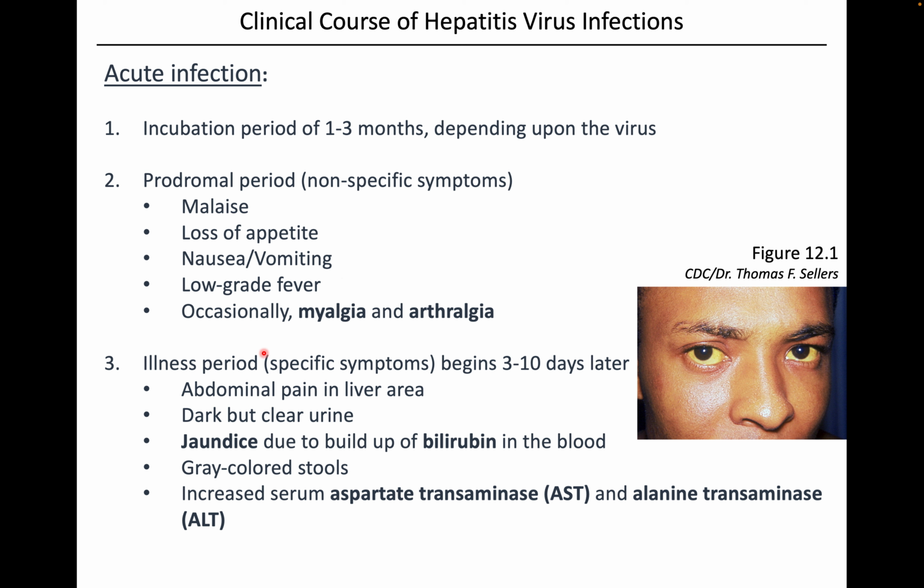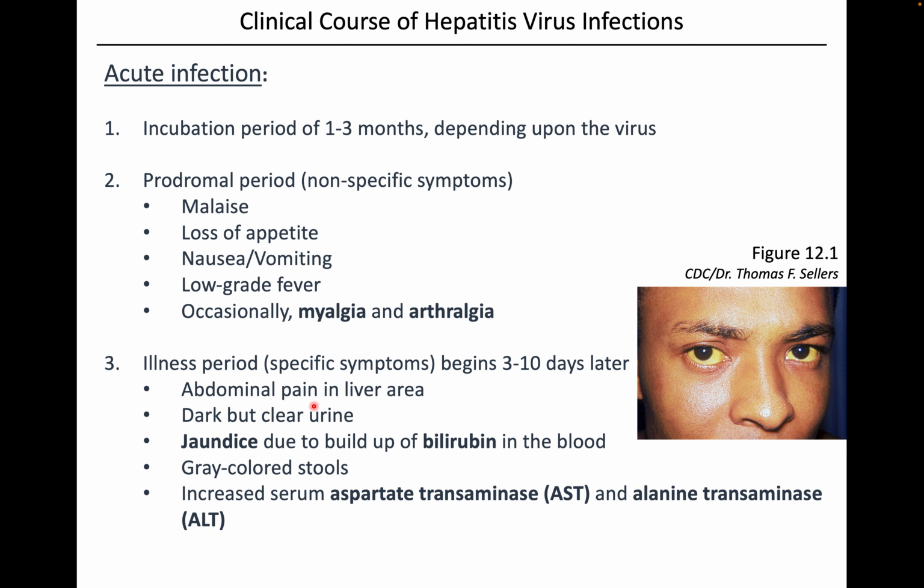And then you have your specific symptoms in the illness period. That's going to begin anywhere from a few days to a week or a little more after those nonspecific symptoms have begun. And here you're going to have abdominal pain, like your liver is going to hurt.